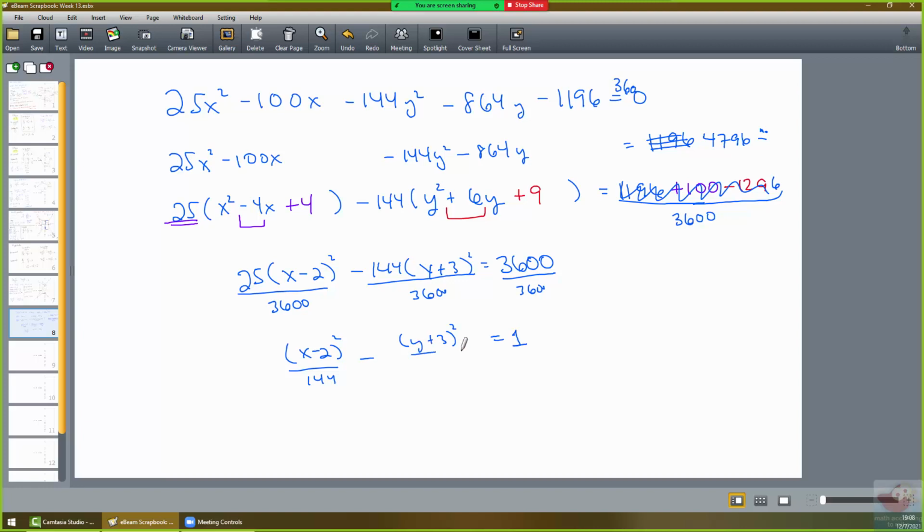So you can probably see where those numbers came from now. So now it's in the format that we wanted to get into. If it's in this format, you just have to complete the square twice. Once for the x's, once for the y's.